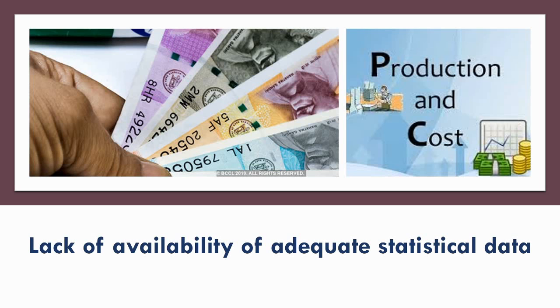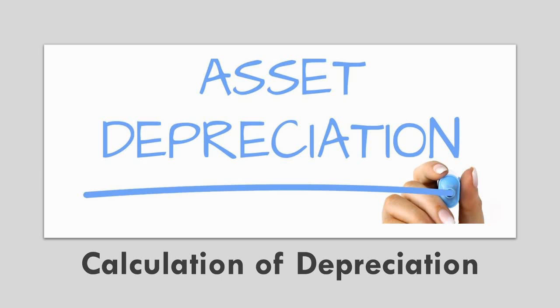Next, we see lack of availability of adequate statistical data. Adequate and correct cost data are also not available in our country. So, data on consumption and investment expenditures of the rural and urban populations are not available. Moreover, there is no machinery for the collection of data in the country.